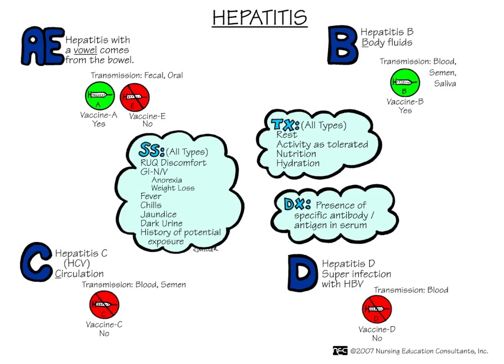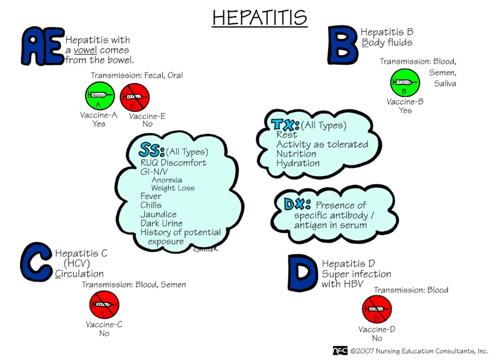What's interesting though is the different types of hepatitis, how they're transmitted. We do need to remember that hepatitis with a vowel comes from the bowel, so usually the transmission there is fecal-oral. We can vaccinate against hepatitis A, but if our patient is to catch hepatitis A without being vaccinated, now they are immune.